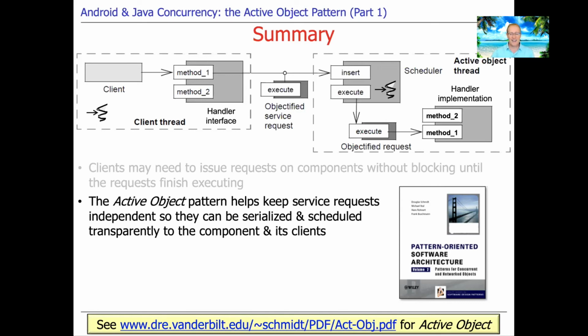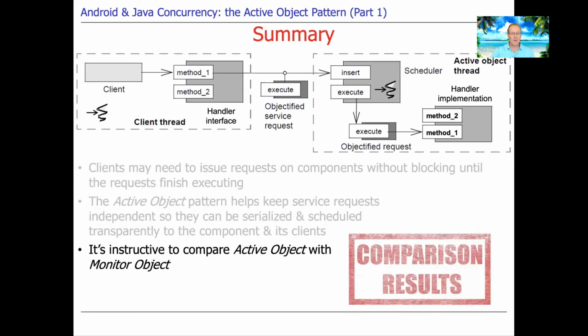Take a look here if you want to see an earlier version of the active object pattern description, which was then improved in the POSA 2 book. It's really worth taking a look at active object and comparing it to monitor object. They're very similar in a lot of ways, but active object is going to give you more concurrency, whereas monitor object is going to give you less flexibility, but probably also incur less overhead.